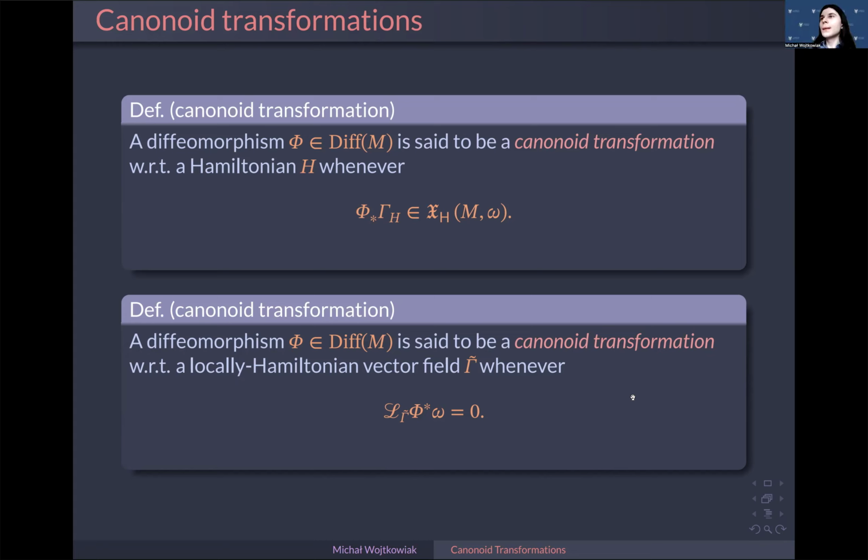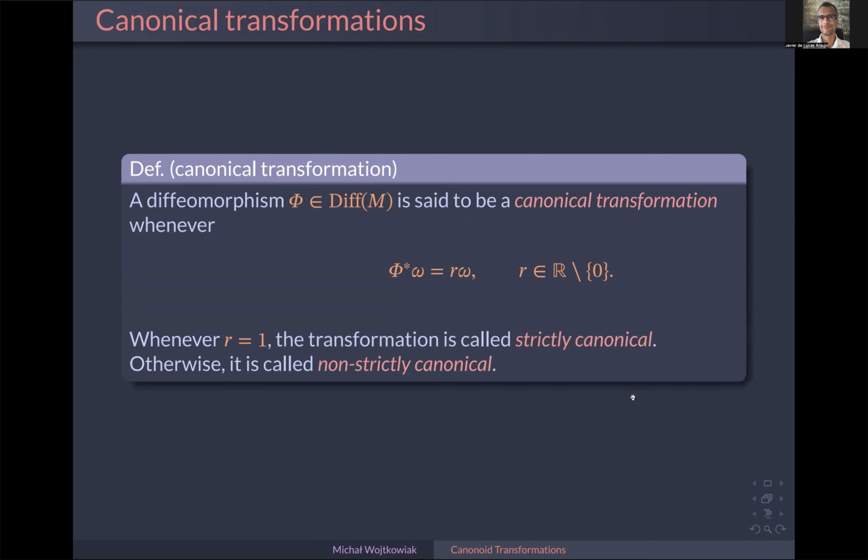Okay. So imagine that the push forward of every Hamiltonian vector field is again Hamiltonian. Then we have a canonical transformation. Strictly, or no? I think strictly canonical. And if it's up to a constant, maybe the Hamiltonian changes by a factor, yeah?